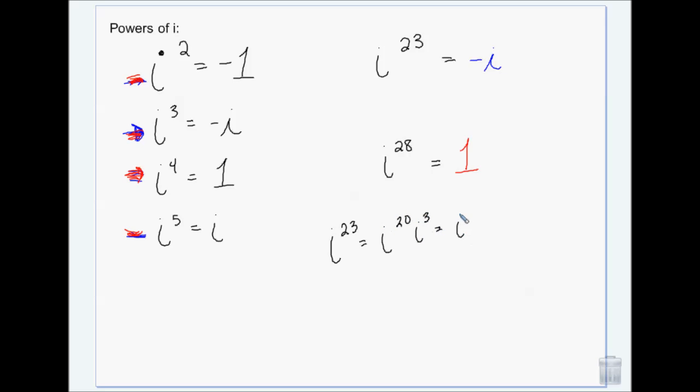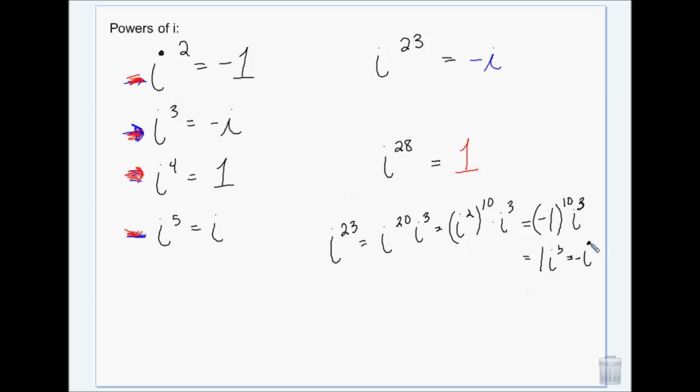And i to the 20th is i squared to the 10th times i to the 3rd. i squared is -1 to an even power, so this is going to be -1 to the 10th times i to the 3rd. -1 to an even power is +1, and i to the 3rd is -i.